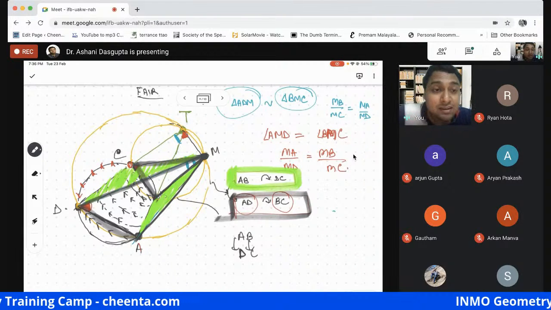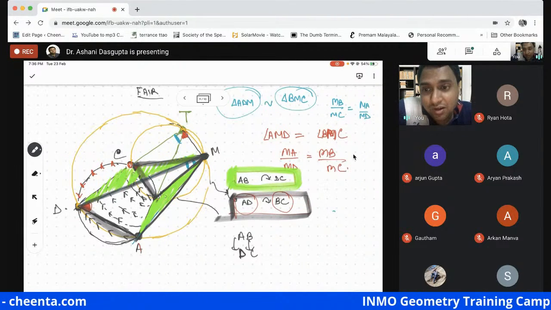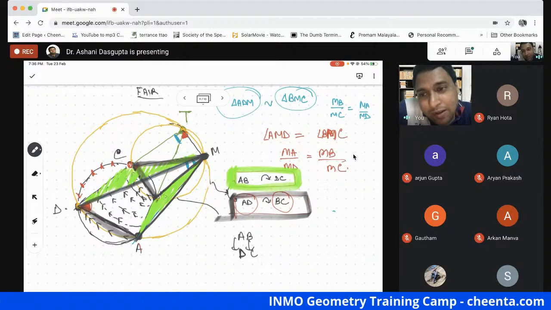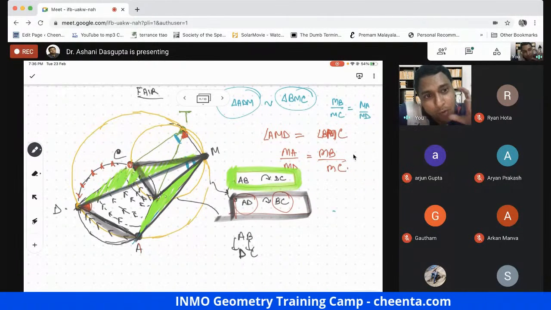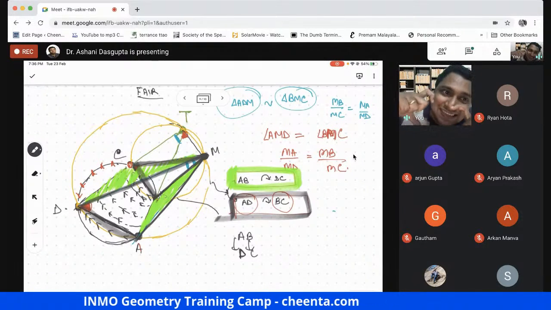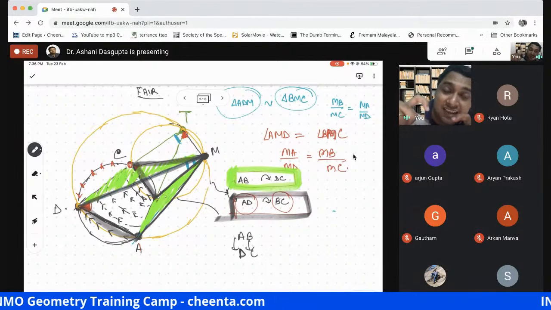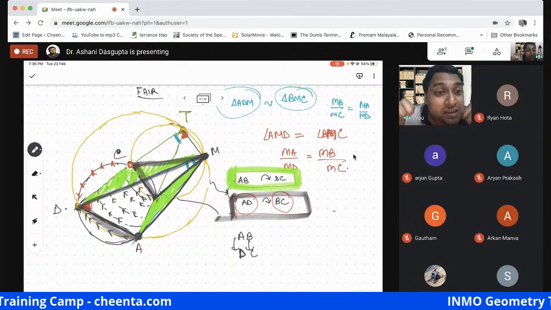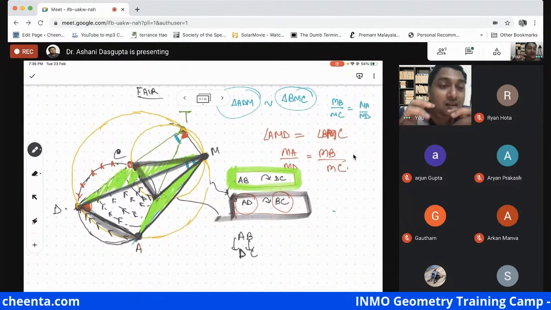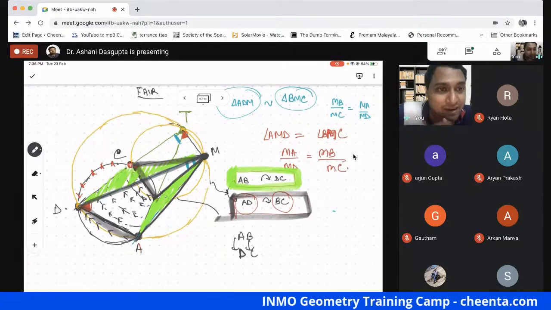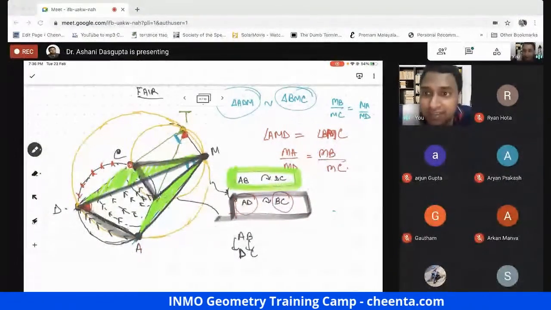For example, the midpoint is under your control. You can tell that the midpoint of one segment goes exactly to the midpoint of the other segment because it is proportionally shrunk or expanded. Do all of you understand what I'm saying here?